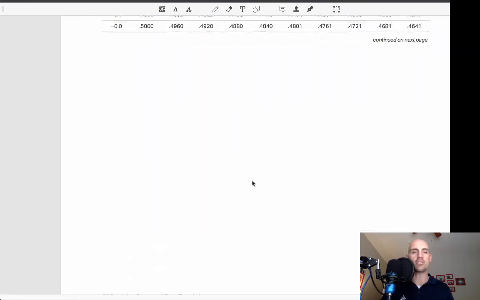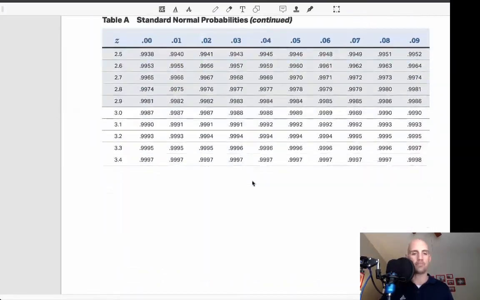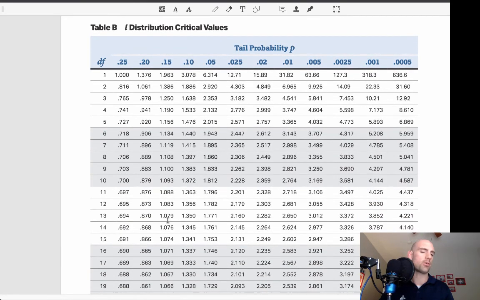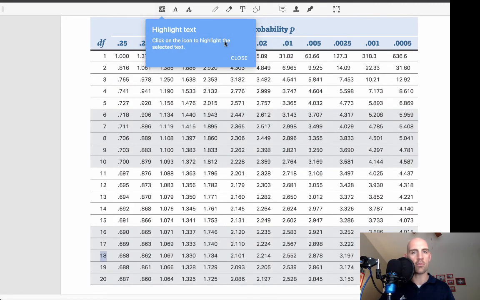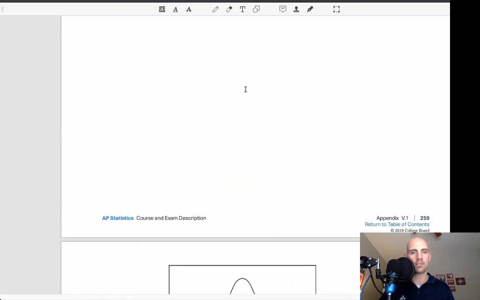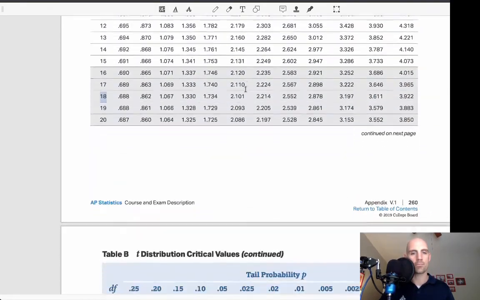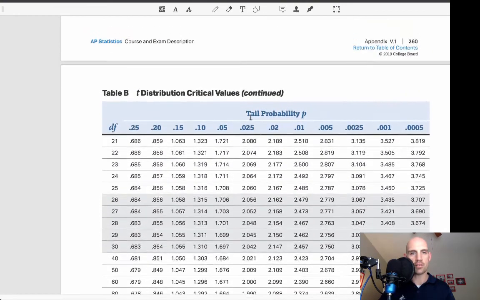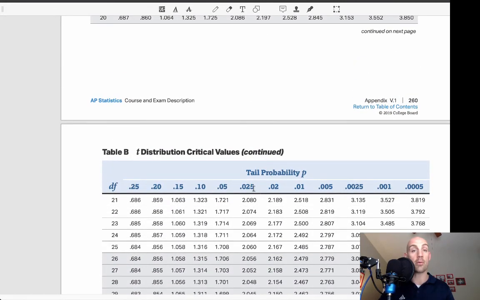So I've got my stats formula sheet here pulled up, and if I go to my table B, here I think I misspoke. I think it's the table C. So I can go over to my 18, right? 18 is my degrees of freedom, and I want 95%. So I want this column here, this 0.025. Remember, that's the tail probability, both tails.